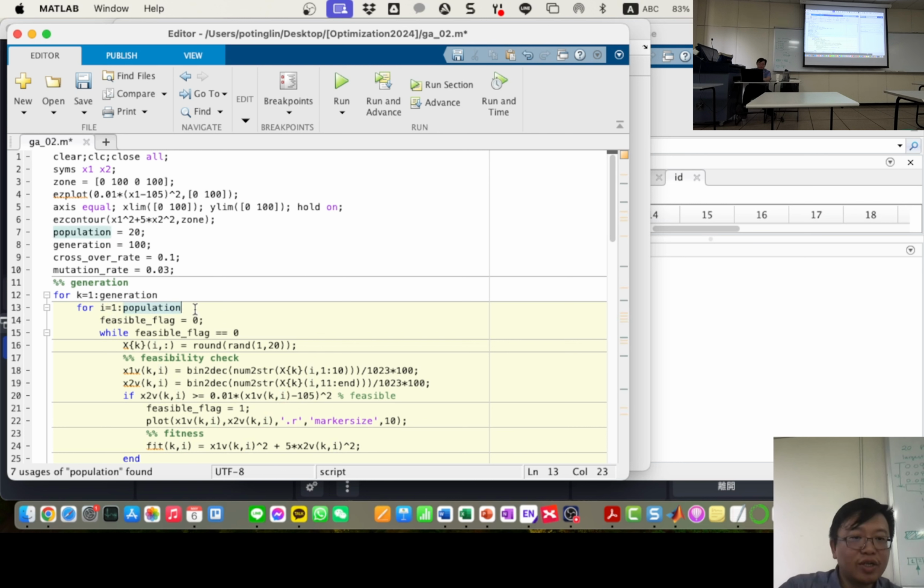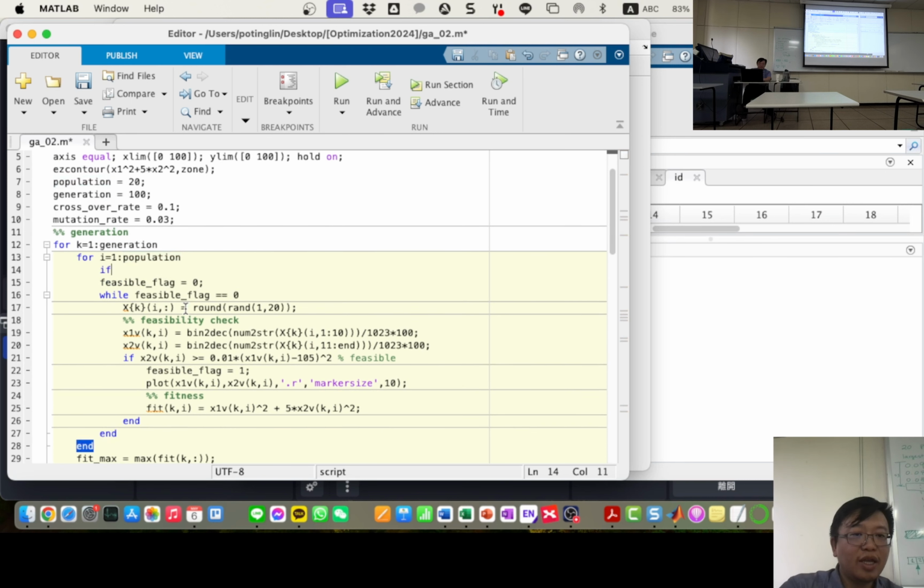So over here, I will say if k larger than 2, then the very first chromosome for that particular population equals to the best one from the past.